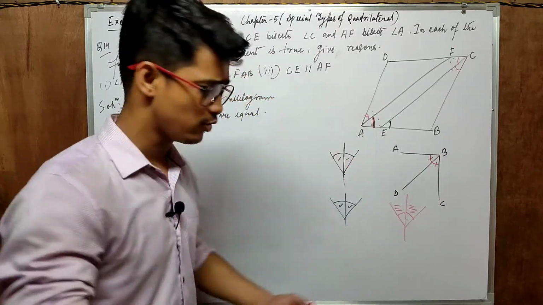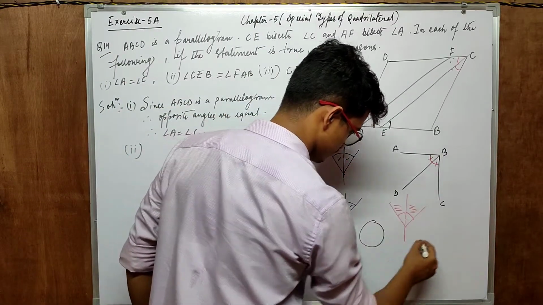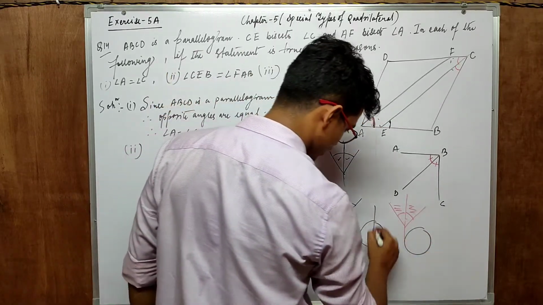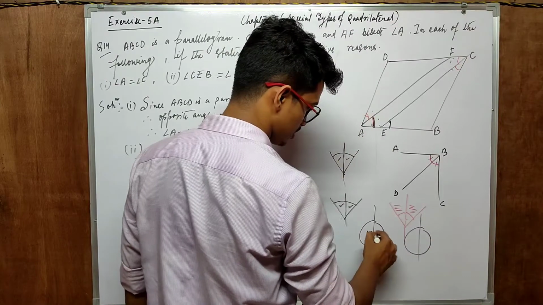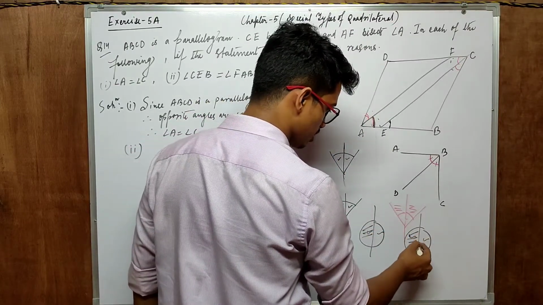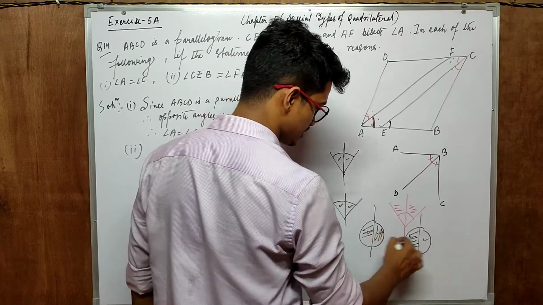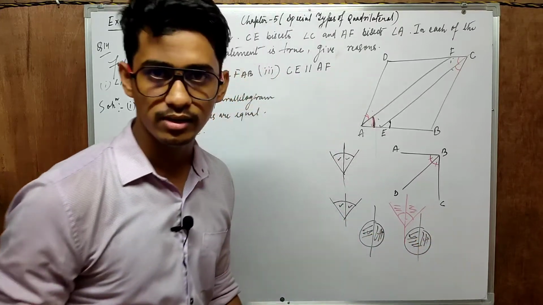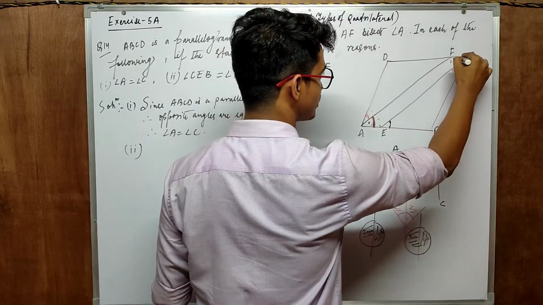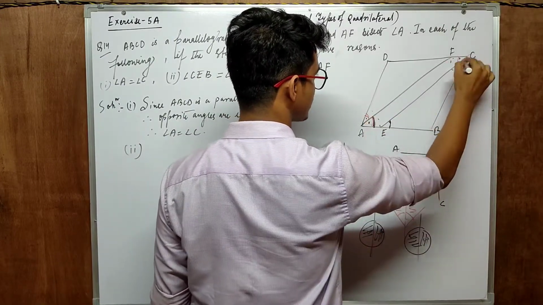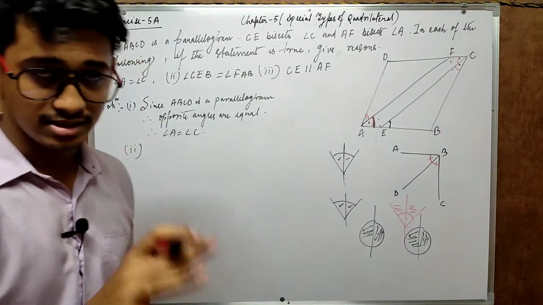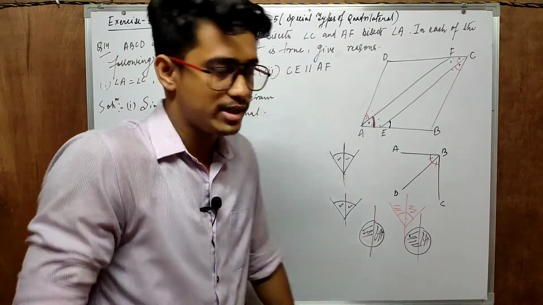So see, if you have two cakes which are exactly the same, and I make two equal parts of each, is this part equal to this part or not? Absolutely. So this angle is equal to this angle and this angle is equal to this angle, or you can say all the angles are equal to each other. Is it clear or not? I hope now it is clear.